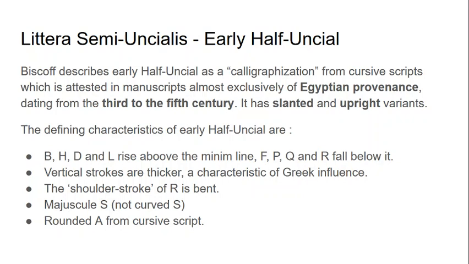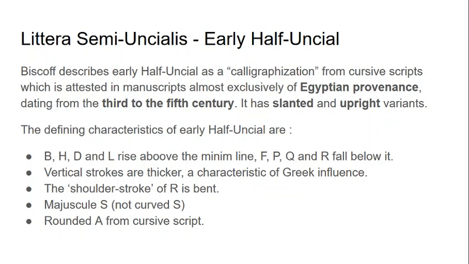So this might be a product of the influence of Gospels and such written in uncial or half-uncial, which might well have been circulating in Italy at the time, because in the 5th century you would have had some of these texts perhaps in Italy. It's hard to say, or it might just have been that uncial scripts generally lent themselves to slanted and upright varieties. Who knows? But it's worth noting.